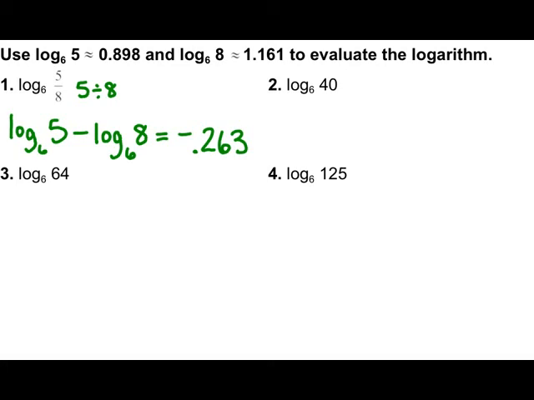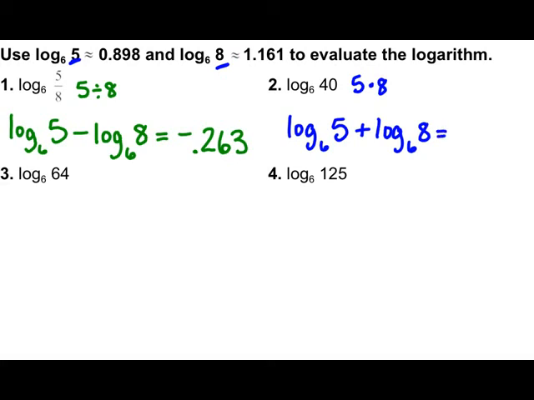Okay, next one. Now, at any point in time, if you feel overwhelmed, pause the video, catch up, and then continue on. 40, using 5s and 8s only, I know is 5 times 8. Now, to expand this, they're both going to have a log base 6, but multiplication is going to become addition.